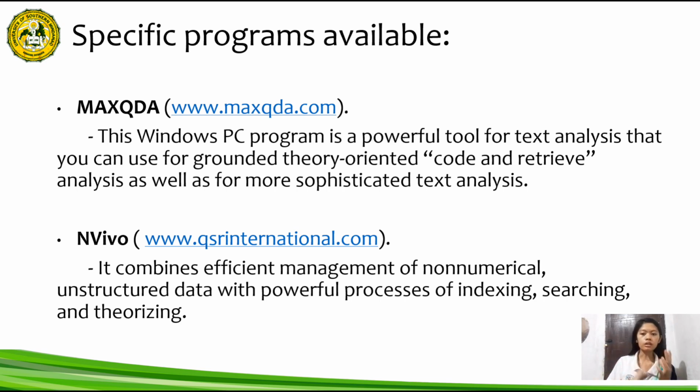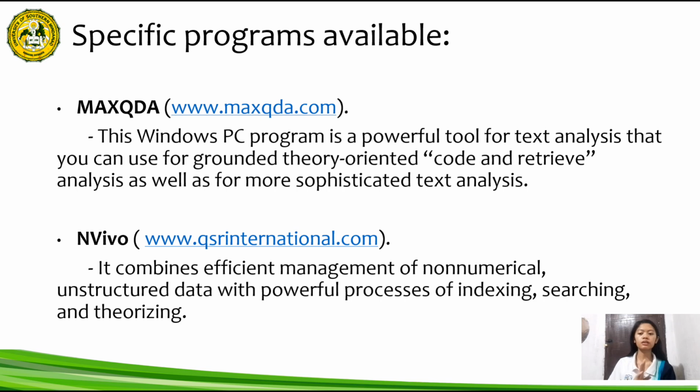Next, among the major programs available is MAXQDA. This Windows PC program is a powerful tool for text analysis that you can use for grounded theory-oriented code-and-retrieve analysis, as well as for more sophisticated text analysis. It enables you to combine both qualitative and quantitative procedures. This program has a simple, easy-to-use interface with four main windows showing imported text, codes, coded data segments, and the text itself.